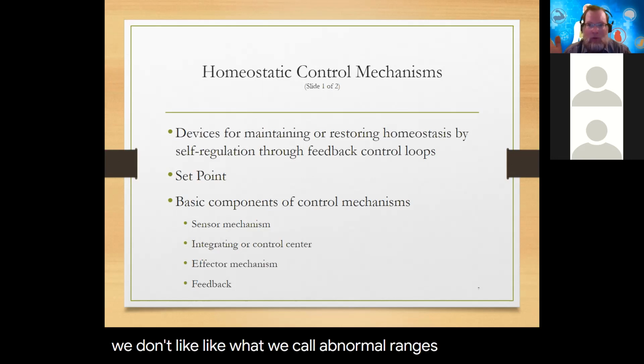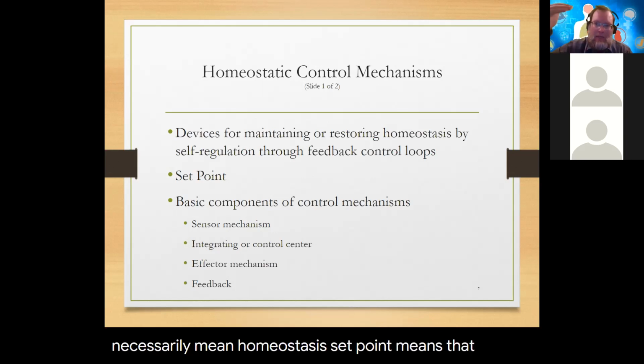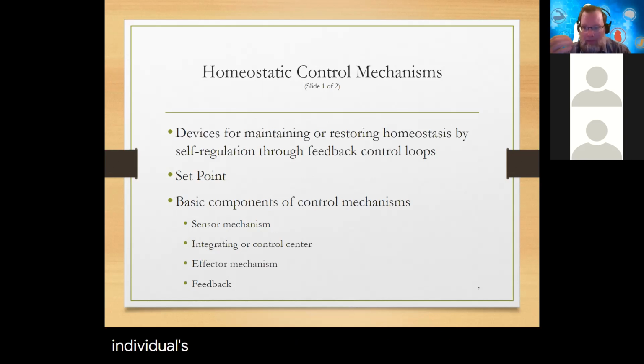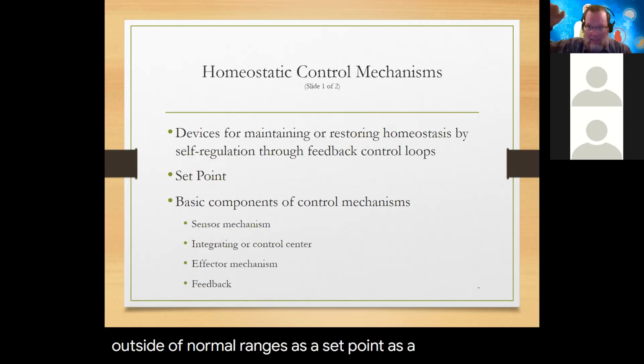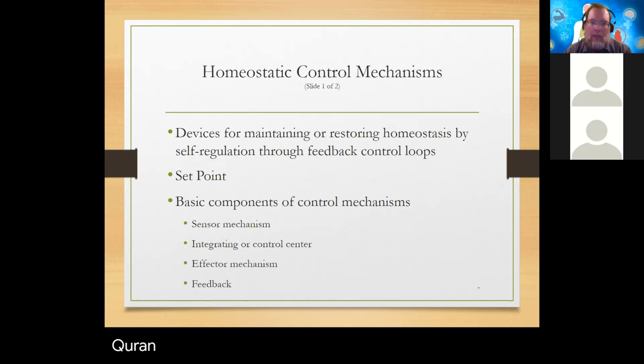Set point doesn't necessarily mean homeostasis. Set point means that an individual's numbers, when we measure vital signs, may be outside of normal ranges as a consistent, chronic set point or number. So anyway, I wanted to mention that too.